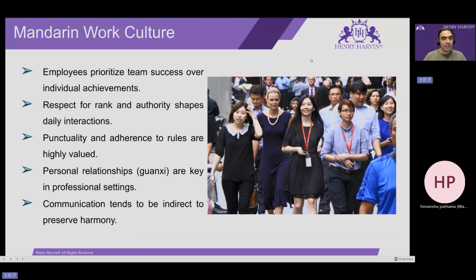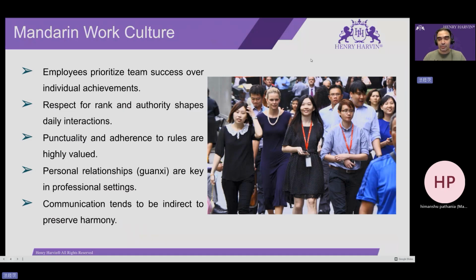life. So punctuality and adherence to the rules is also highly valued in their culture. And one of the most important aspects, personal relationships, like guanxi, are also key in professional settings.